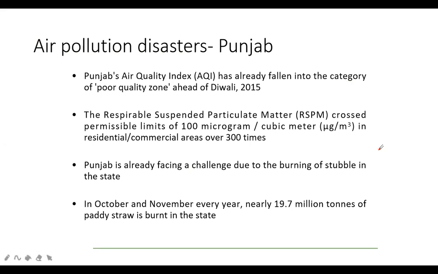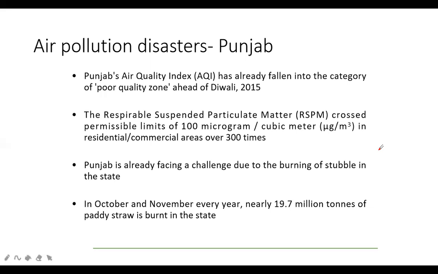So this air pollution disaster: Punjab air quality index. अभी जो पंजाब वाले बच्चे बैठे हैं, मेरे से लेक्चर सुन रहे हैं, they can scroll down on their weather app and see that it's very poor, unhealthy. Always you see unhealthy and poor.